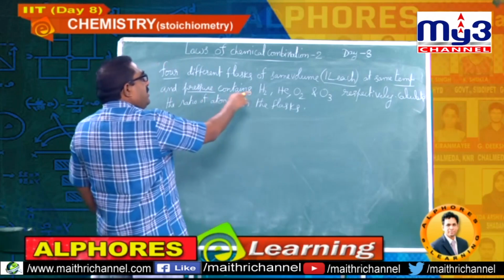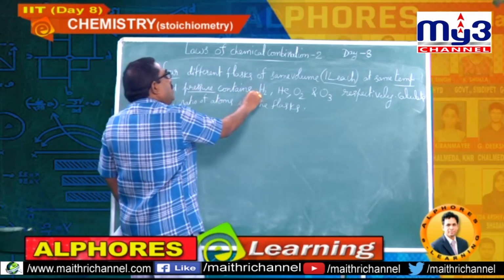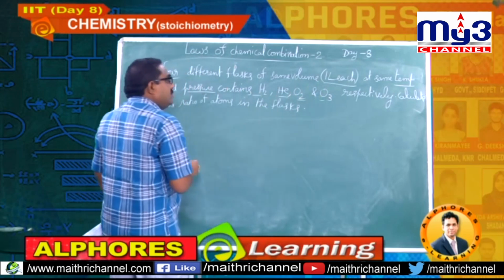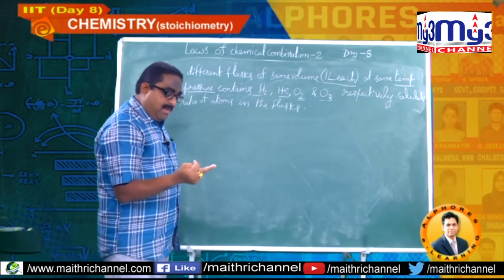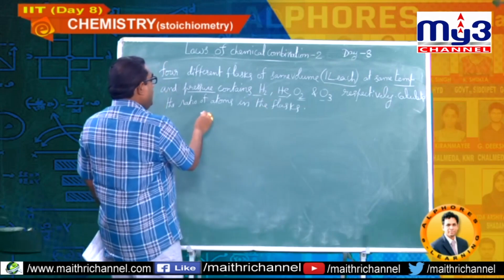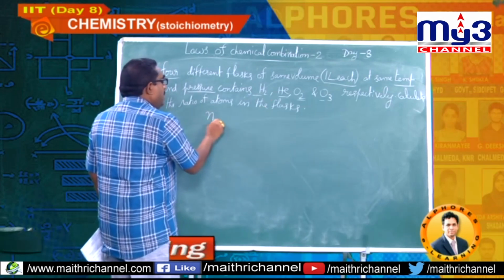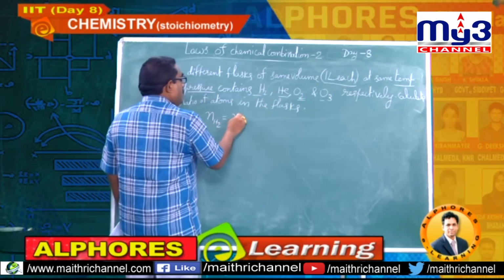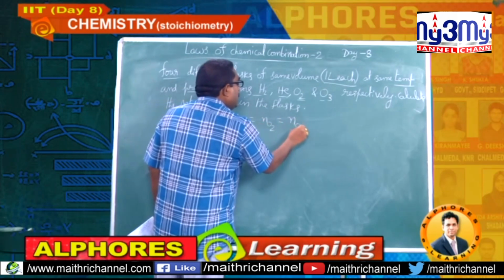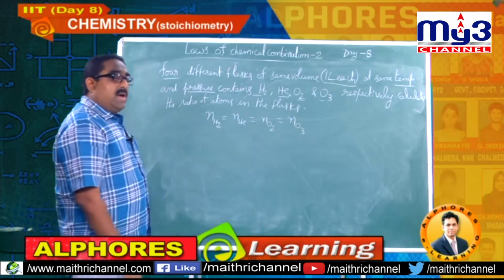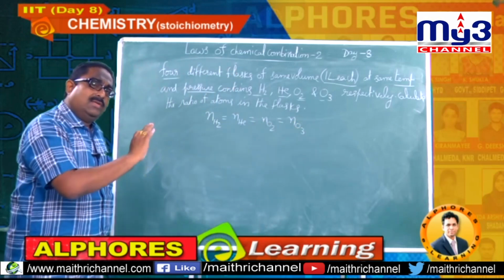Here I am going to take hydrogen, helium, oxygen and ozone, all present at same volume, same temperature, same pressure. So I can write moles of hydrogen is equal to moles of helium is equal to moles of oxygen is equal to moles of ozone. So mole ratio is 1:1:1:1.